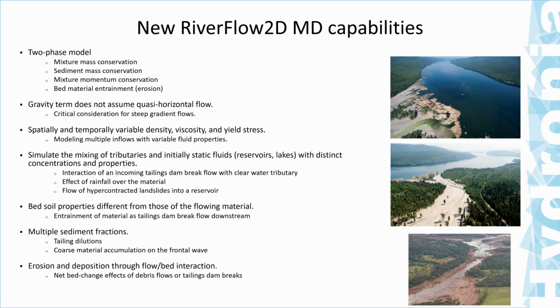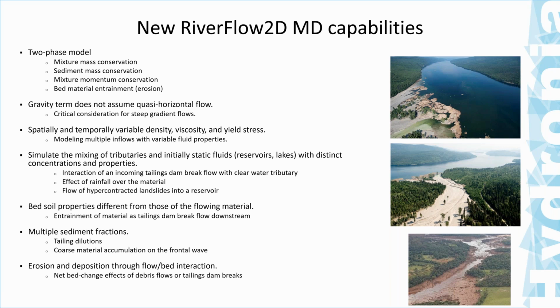You can account for the rainfall and the change that the rainfall causes on the material density and eventually on the viscosity and yield stress. Also, we included different bed soil properties from those of the flowing materials. So if you have tailings flowing from upstream, and the bed material has a different grain size distribution, you can account for that too.